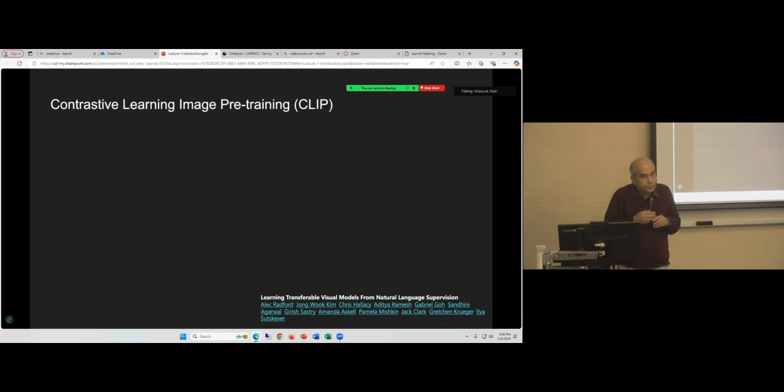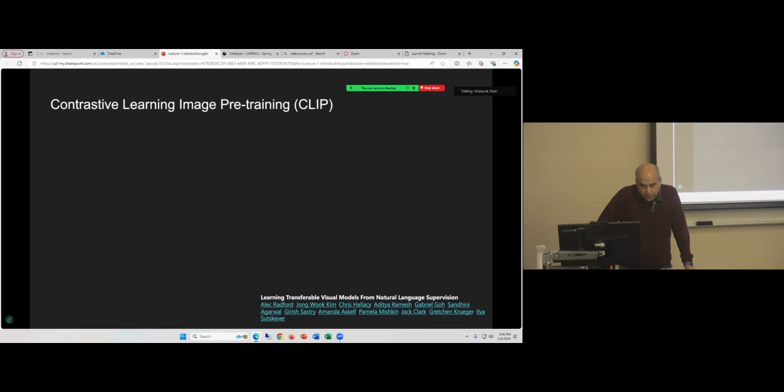One of the first visual language models you can say was what is called CLIP. OpenAI has done lots of breakthrough technologies. Like you know, DALL-E, the diffusion model for image generation, was OpenAI, and CLIP was also OpenAI.